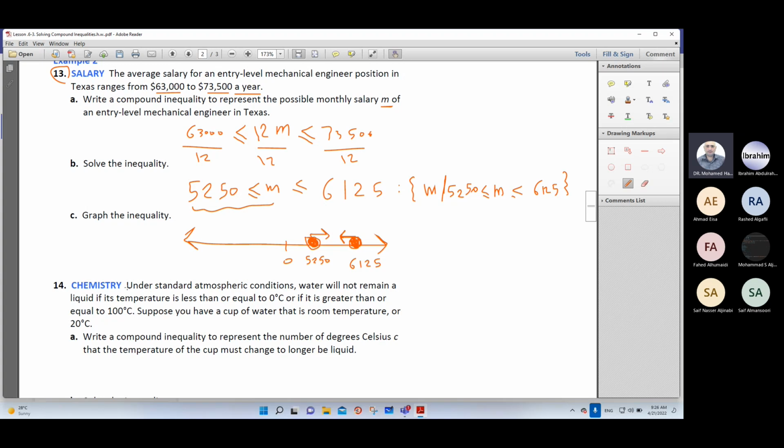Now, who can read number 14, please? Yes, Michelle.